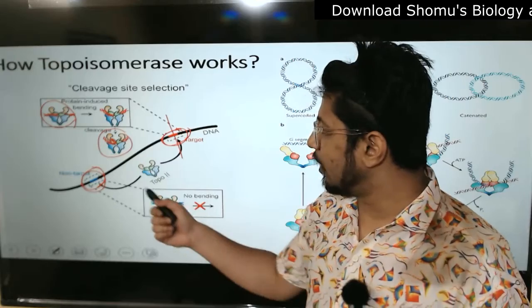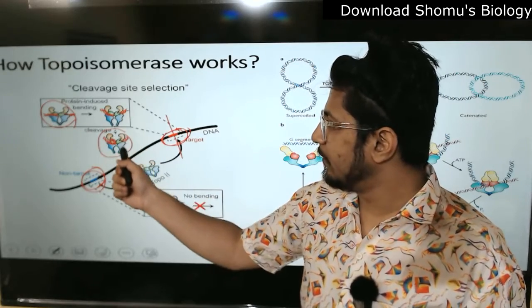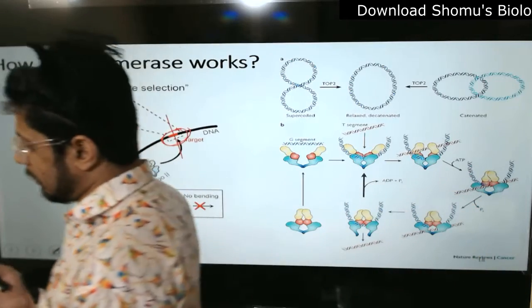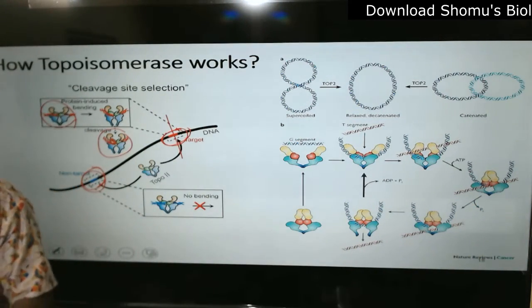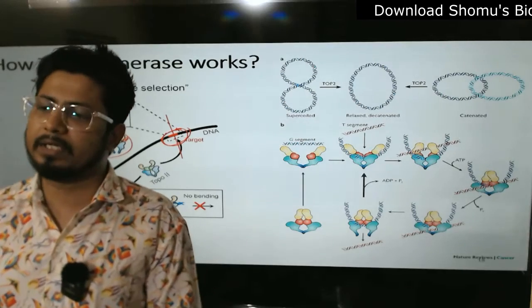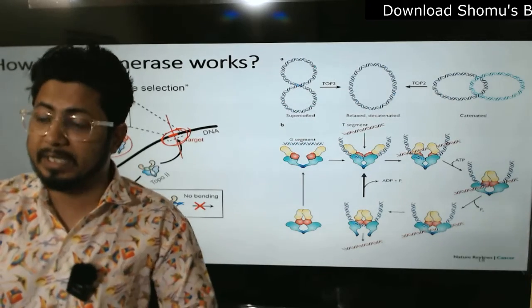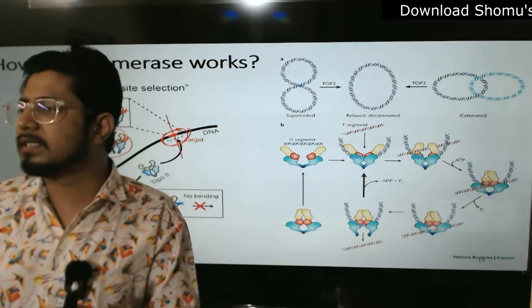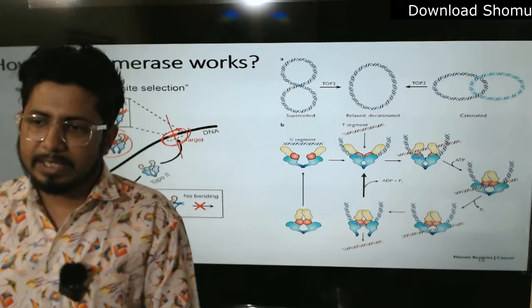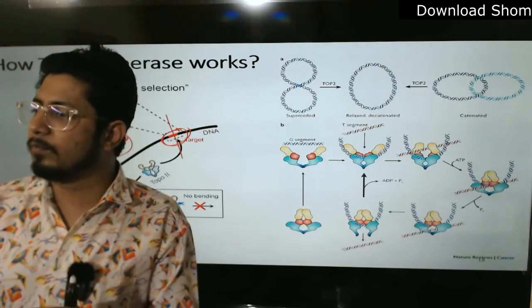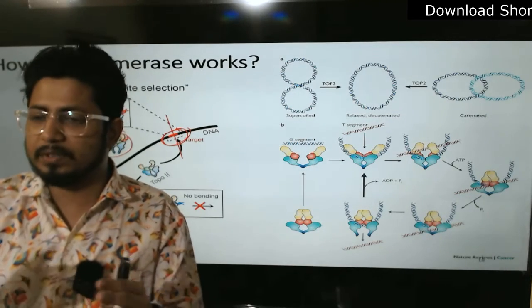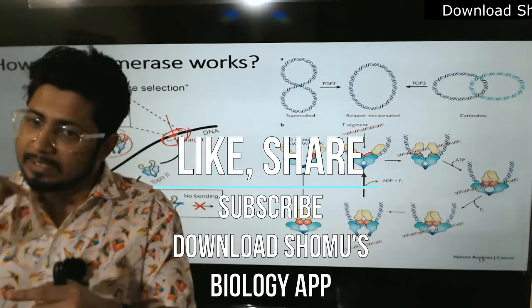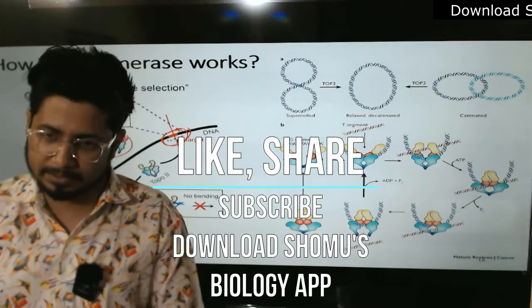Okay, but remember that if the target is not associated properly with the protein, generally this target depends on how the DNA is interacting with the topoisomerase structure. So structural stability matters to the topoisomerase, because topoisomerase is working on a structurally restricted DNA. So obviously the site that topoisomerase chooses is definitely near, or in the place of, the supercoil, so that due to the cleavage the supercoil stress will be released.